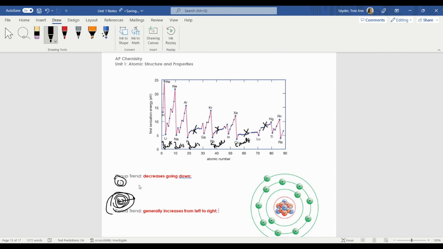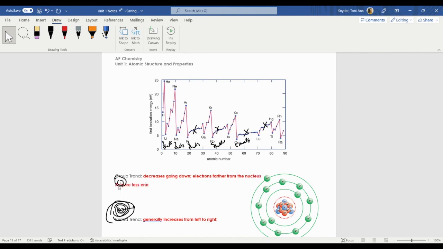It takes less energy to remove cesium's one valence electron because that one valence electron is very far away from the nucleus. This is Coulomb's law, right? An application of Coulomb's law. So the trend decreases going down, and that's because electrons farther from the nucleus require less energy to remove.